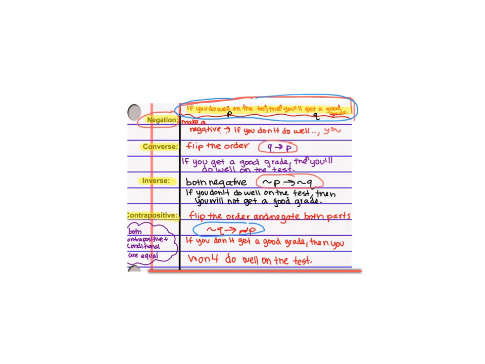Okay, and I put over here, this is an important point, so I'll highlight it. Both the contrapositive and the conditional are equal, so they're both either true or both false. Pause the video if you need any more time.